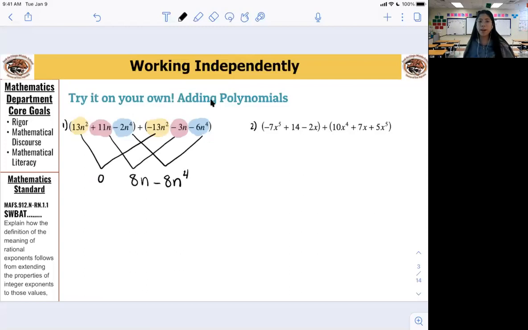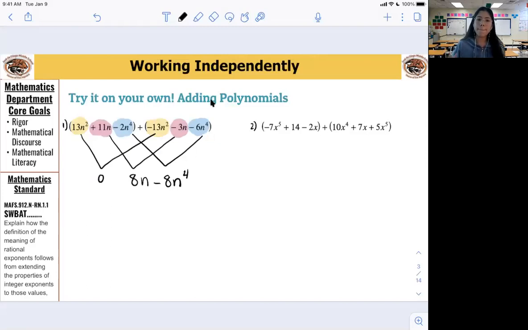So remember, when you combine like terms, the exponent does not change at all. The exponent stays exactly the same. The only thing that's changing is the number in front because you're combining them. Negative 2 and negative 6 make negative 8. Now, if I want to rearrange this, is it in the right order or do I have to flip them over?